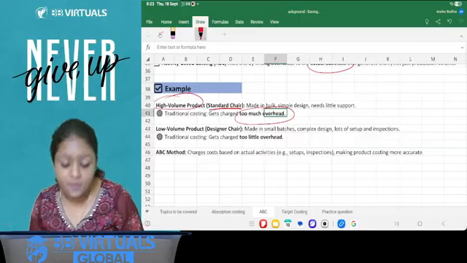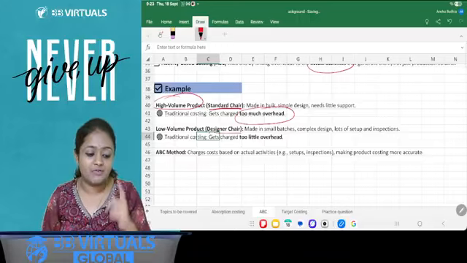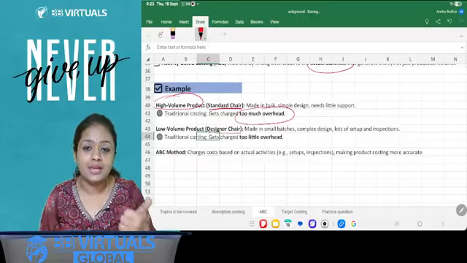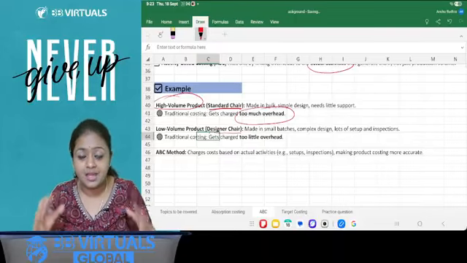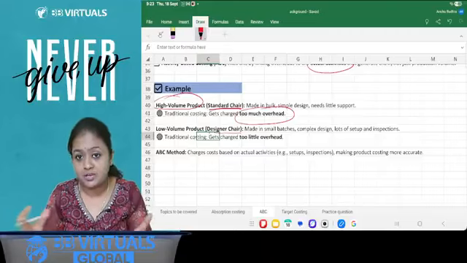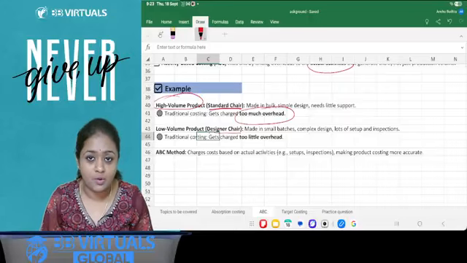Now when I say low volume product like a designer chair, ideally the designer chair will consume more overheads. Why? It needs more specification, it has more complexities, more designing than the normal chair. Setup, inspection, everything will be more.